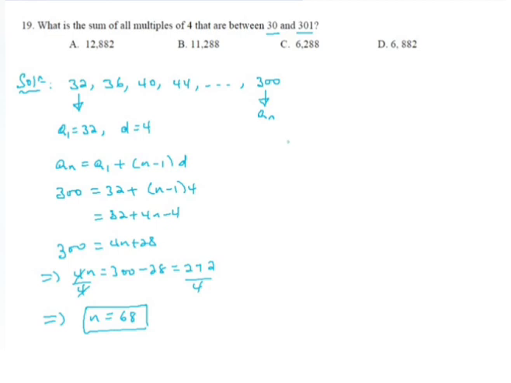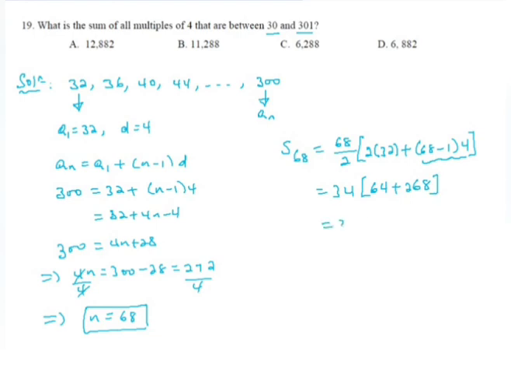So now the question is the sum of all these multiples of 4. So S68 becomes 68 over 2 times 2 times the first term plus 68 minus 1 times the common difference. This becomes 34 times 64 plus 67 times 4, which is 268.